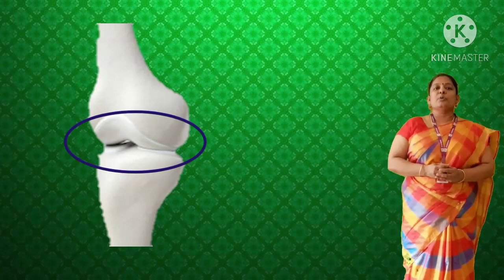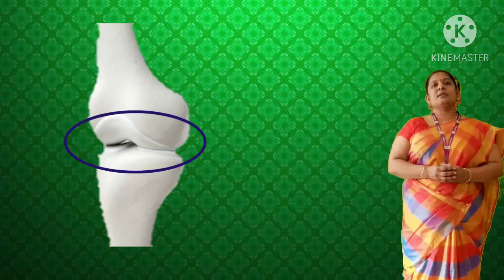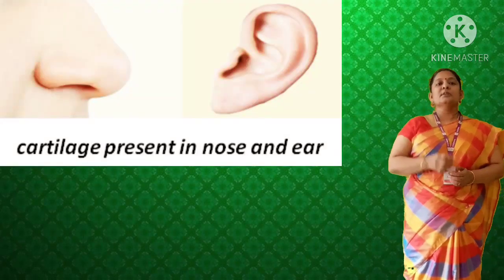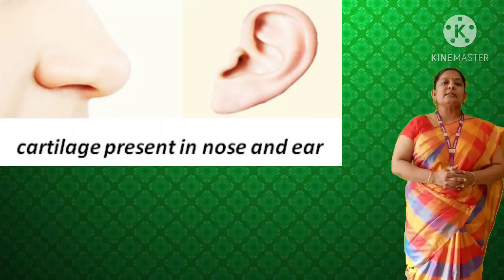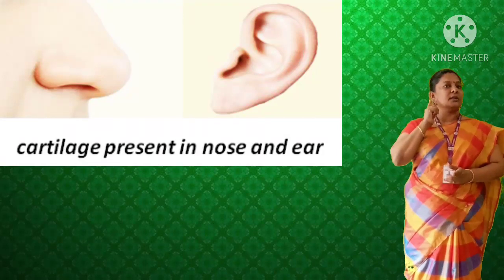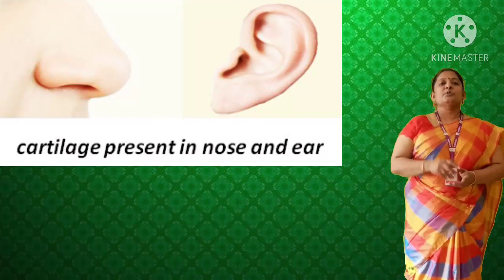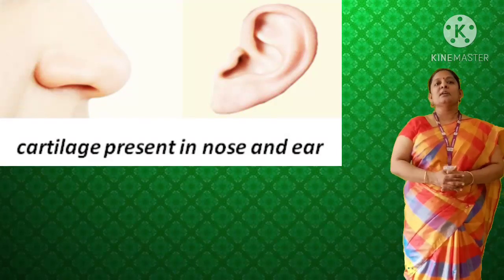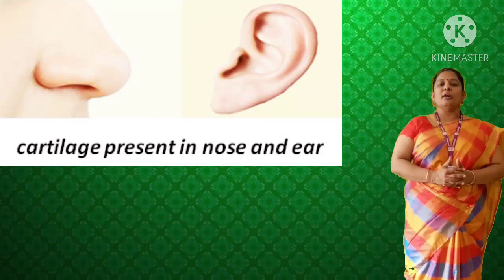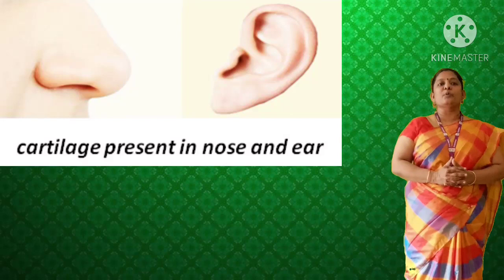Examples of cartilage are the front portion of the nose and your ear lobe. It is very flexible because cartilage is not a hard substance like bone. It is soft. That's why we can move.